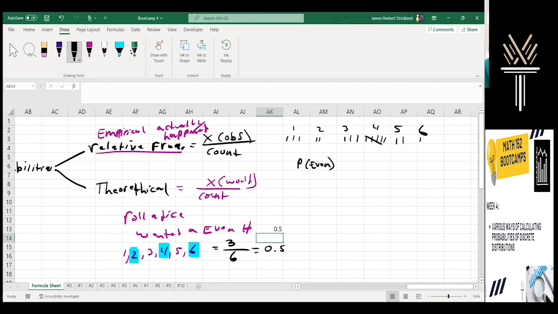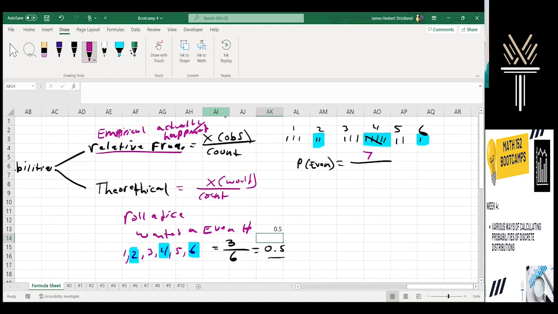Maybe we're trying to figure out, is that dice or die biased? Is it unfair? Because it should be around 0.5 to get an even number. But if we look at what actually happened with this real dice that we actually tossed around, we could see that in reality, there was 2, 6, and 7 times that we got an even number.